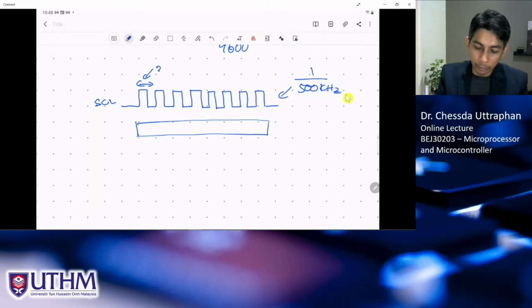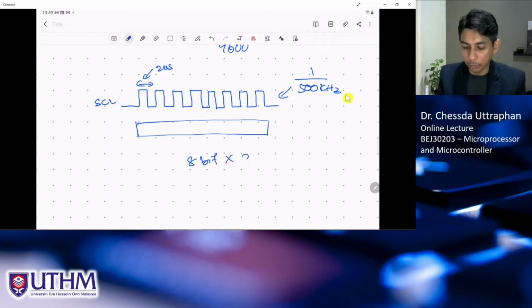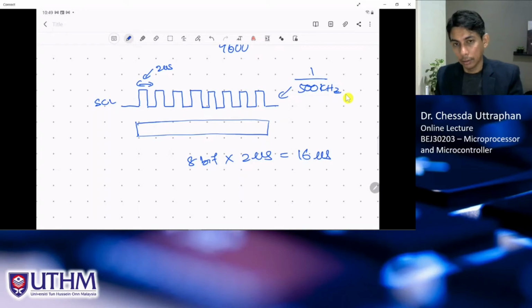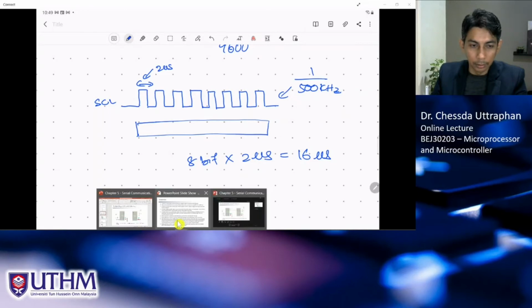So we have 2 microsecond for one cycle, and 1 byte means that we have 8 bit multiplied by 2 microsecond, so we have 16 microsecond for one data byte. So it's easy.